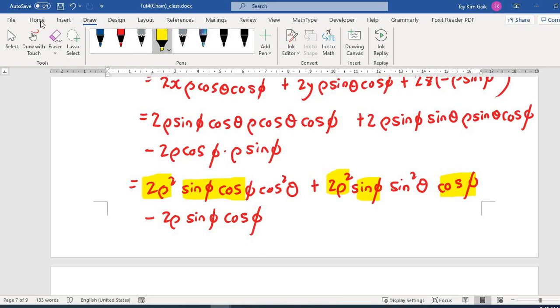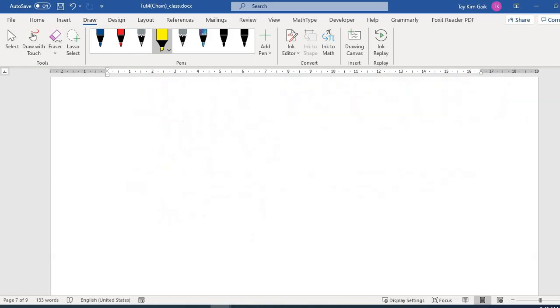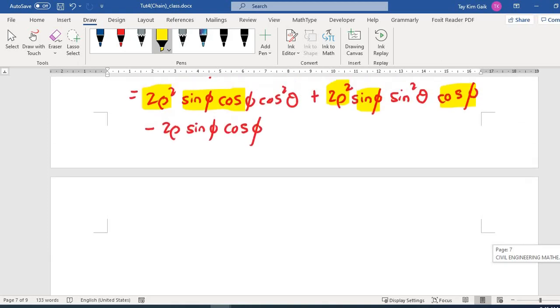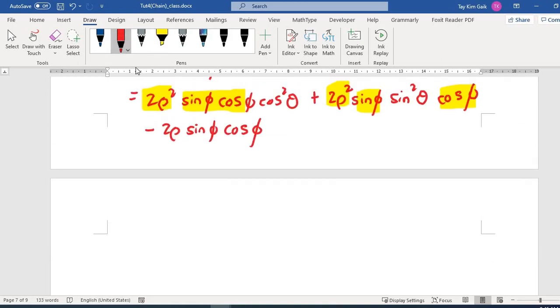So we simplify the first two terms first. Factor out the highlighted term, 2 rho squared sin phi cos phi.